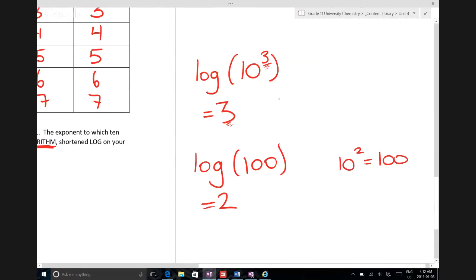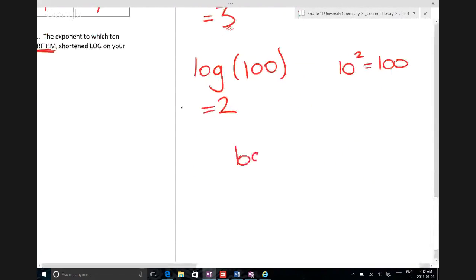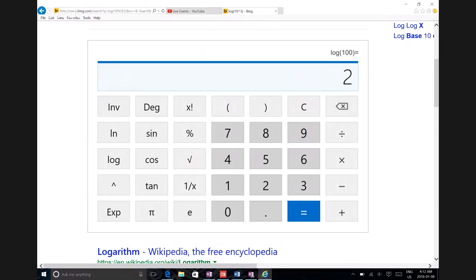But it doesn't have to be a nice round number like that. I could take the log of the number 37. Now, there's no nice clean exponent that I can put 10 to, right? 10 to the exponent 1 is 10. 10 to the exponent 2 is 100. So 37 doesn't work nicely. But your calculator will still tell you exactly what exponent we have to put it to.